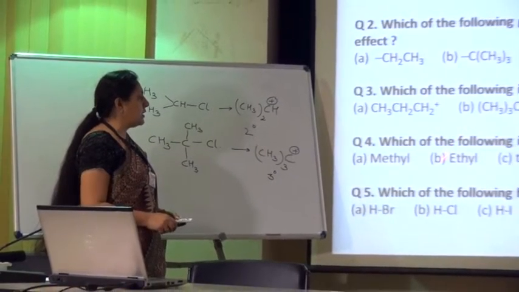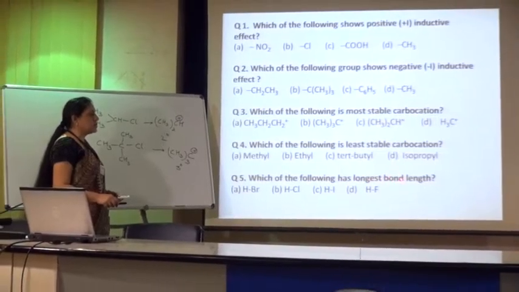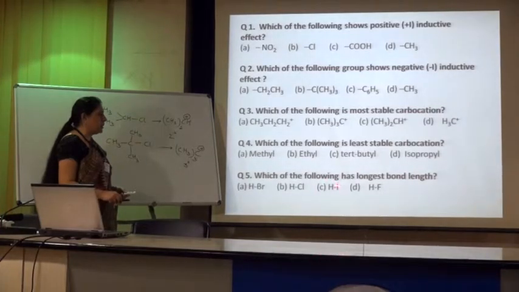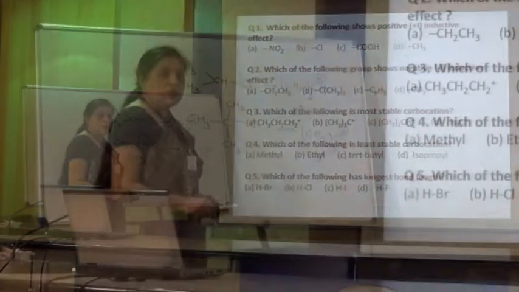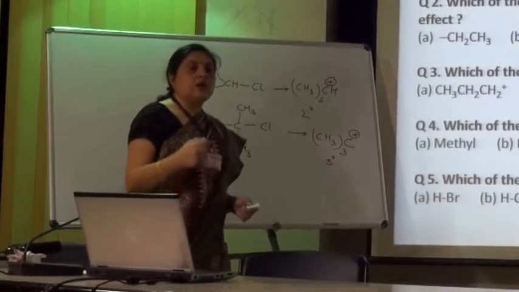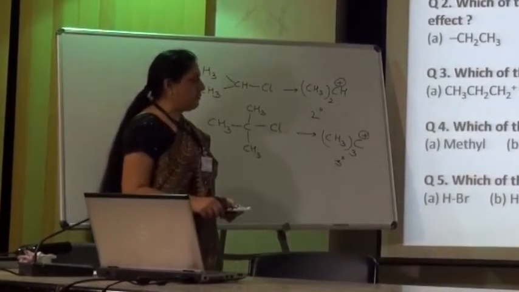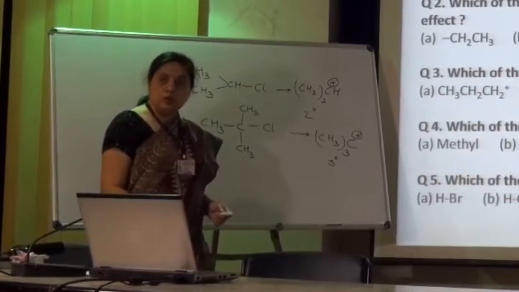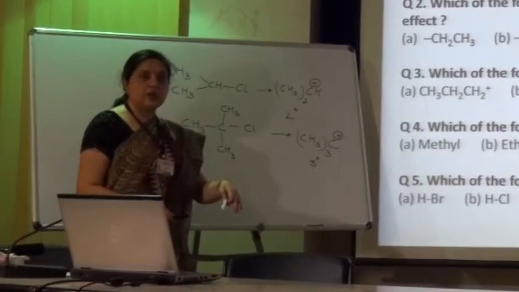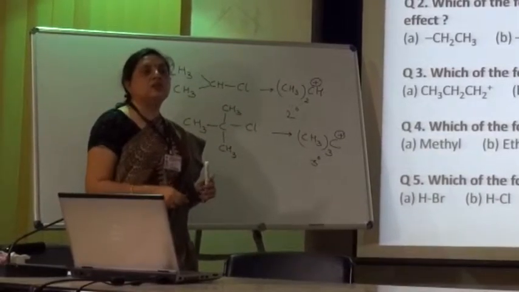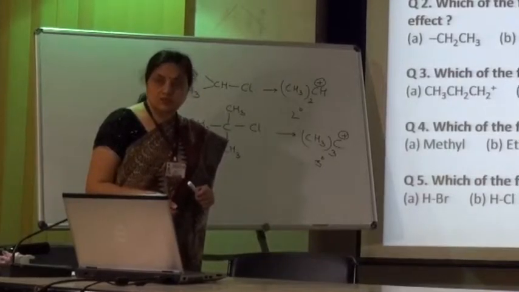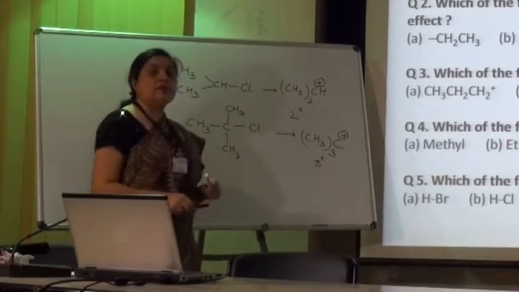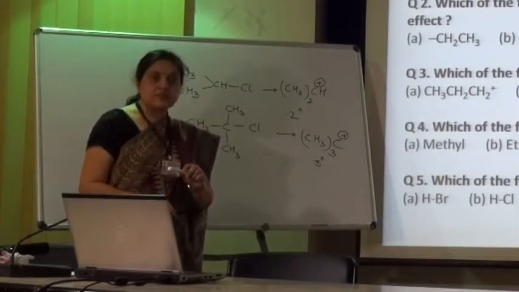Now let's go to the next one. Which of the following has the longest bond length? In this case our answer is going to be HI. What examples have we taken? Fluorine, chlorine, bromine, iodine. We are going down the group. As we go down the group, the size of the atom increases, isn't it? Size increases, so the bond length increases, and electronegativity decreases.